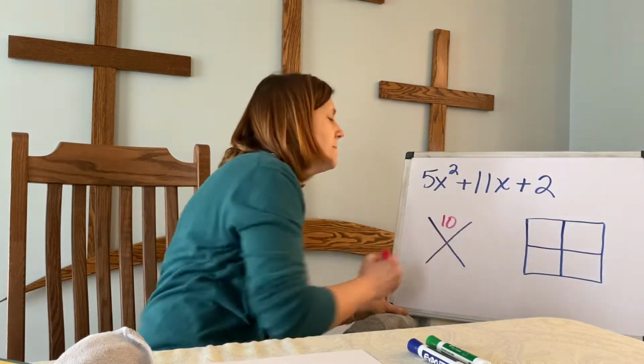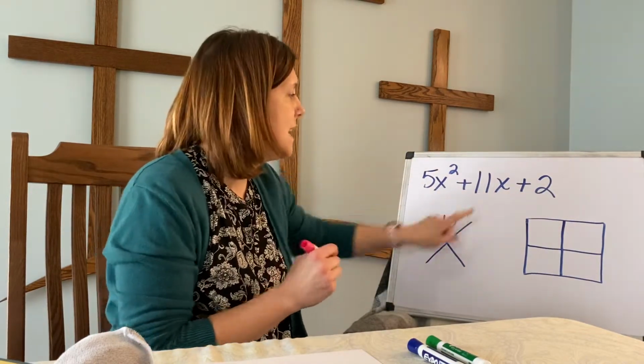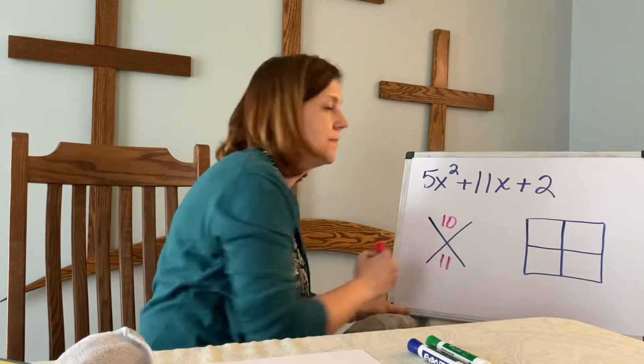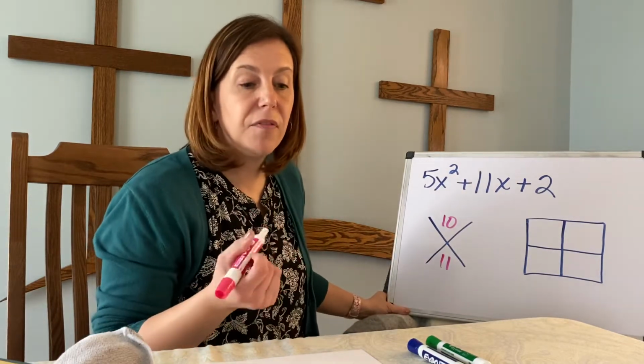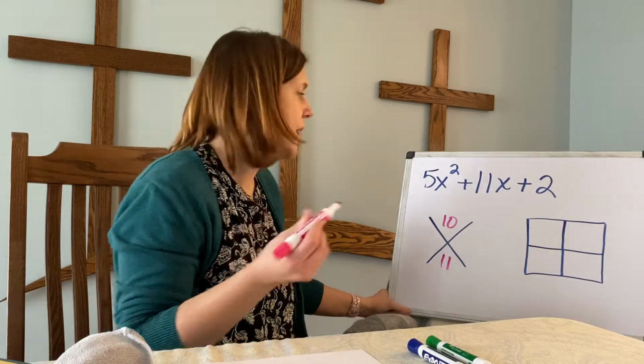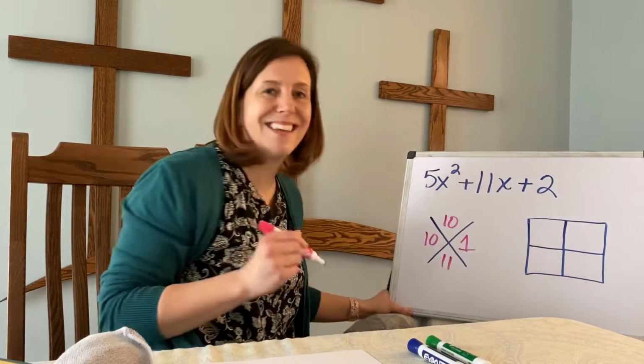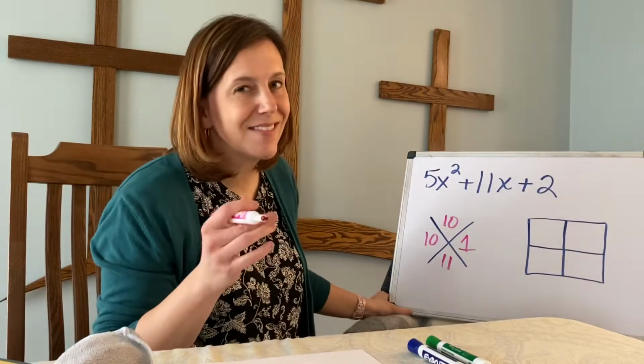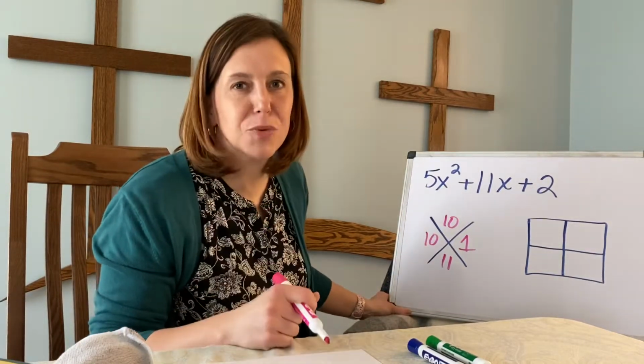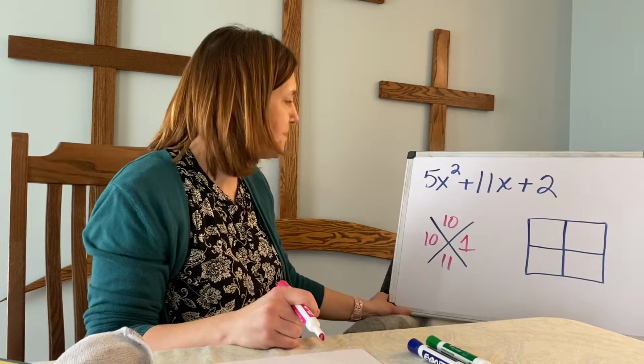So I get 10. My b still goes in my basement. So I have 11. Then I fill in my x form the rest of the way using the pattern that I know. Well, this one's nice. I don't have to worry about any negative signs, and it's pretty obvious which factors I'm going to use.